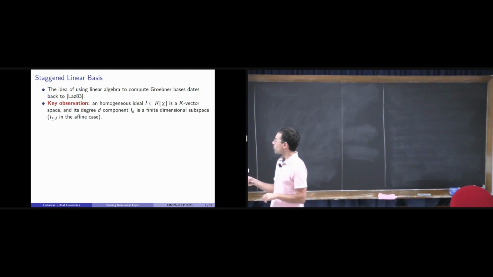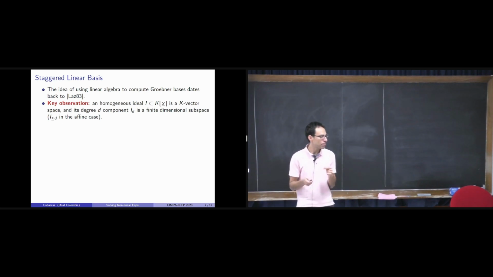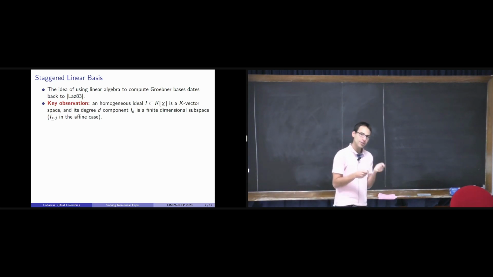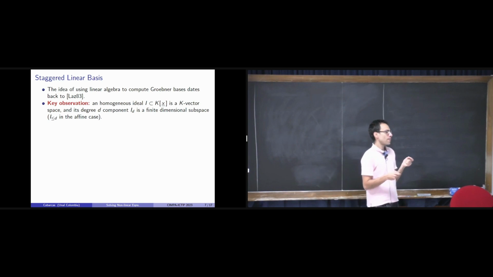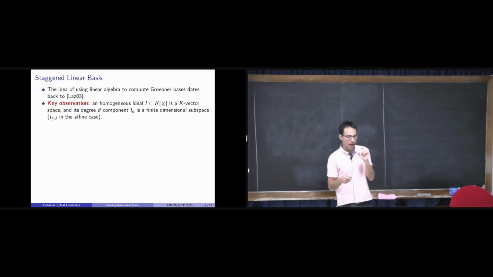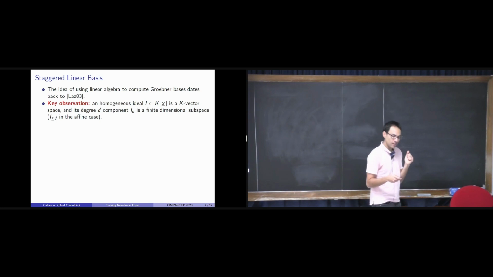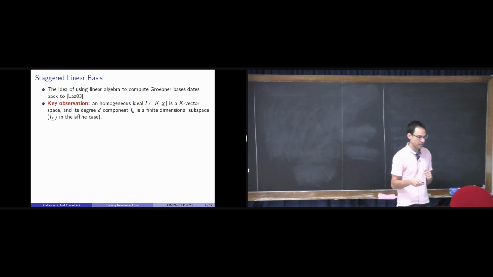This is true in the homogeneous case. In the affine case, if we don't have homogeneous, we can look at I less or equal to D. We can look at the polynomials of degree less or equal to D in the ideal, and they form a finite dimensional vector space over the field.